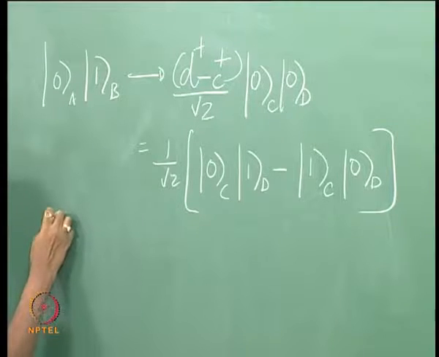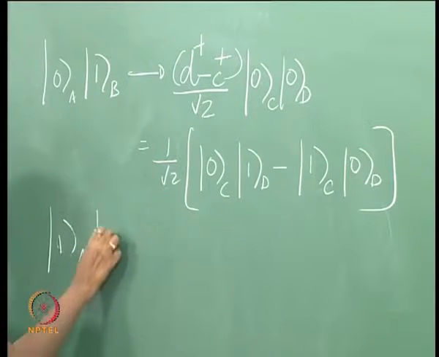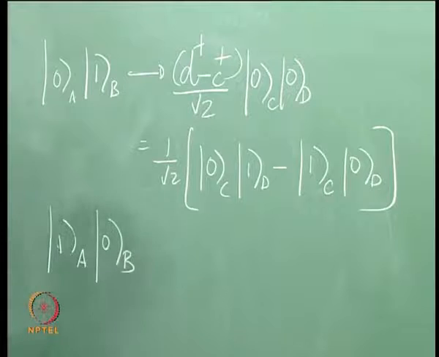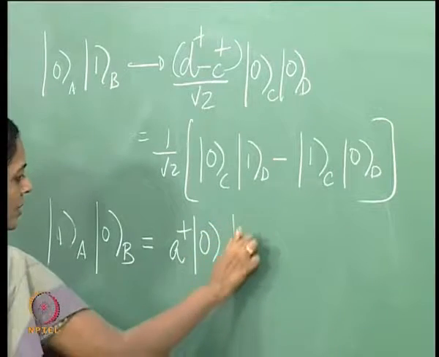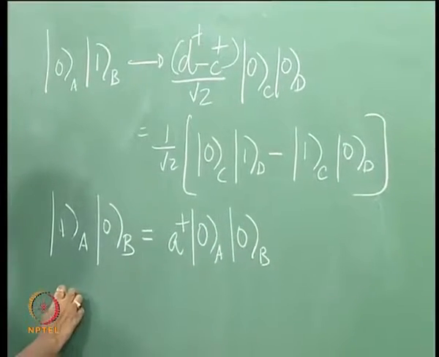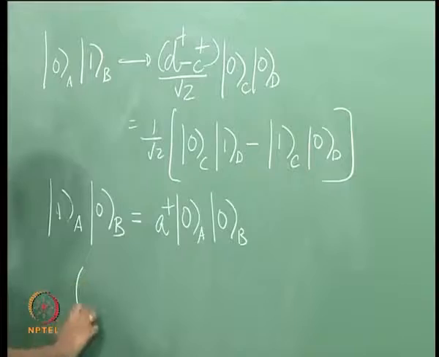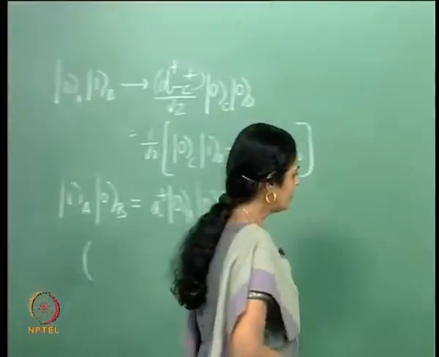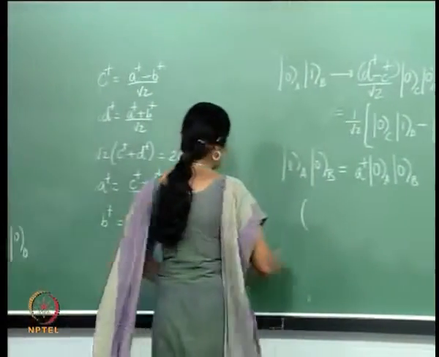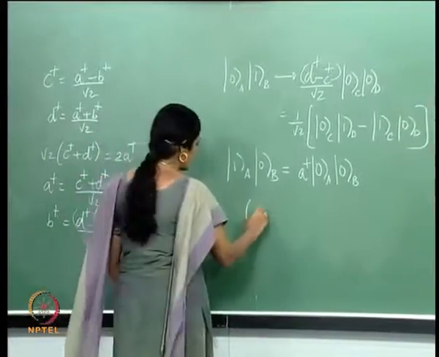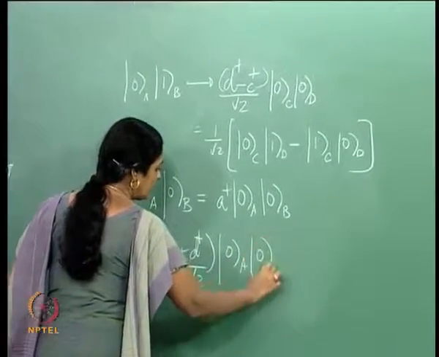Now let us look at a situation where we have 1A 0B. I could repeat this argument. 1A 0B is the same as A dagger on 0A leaving 0B alone, and writing A dagger in terms of C dagger and D dagger, that is the same as A dagger minus B dagger by root 2 is C dagger, and therefore A dagger is C dagger plus D dagger by root 2 acting on 0A 0B.